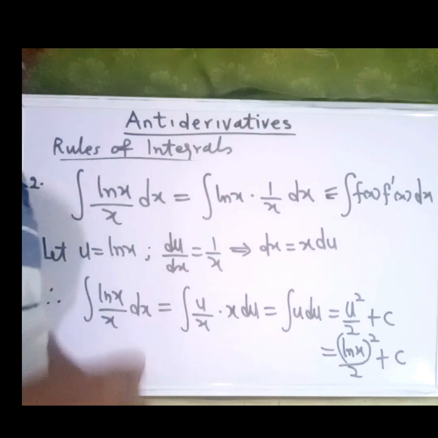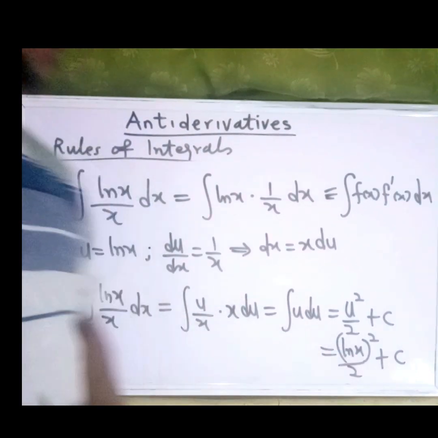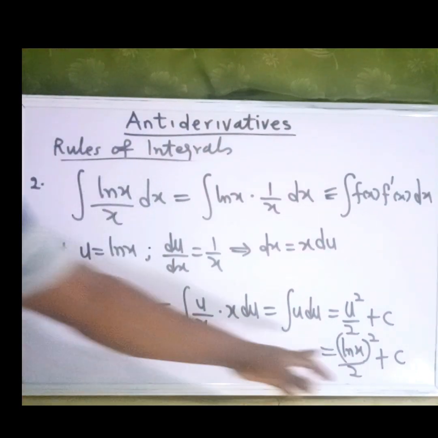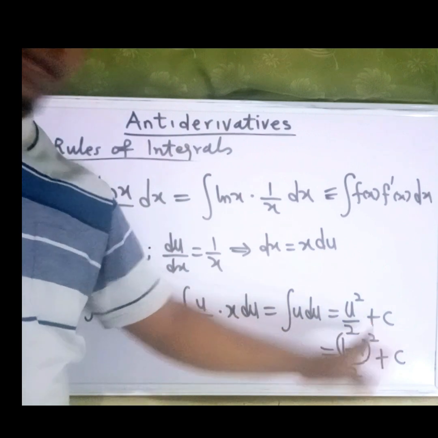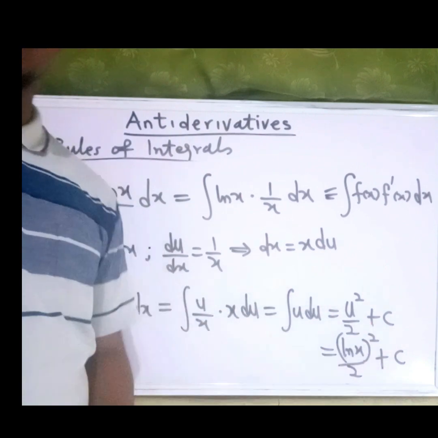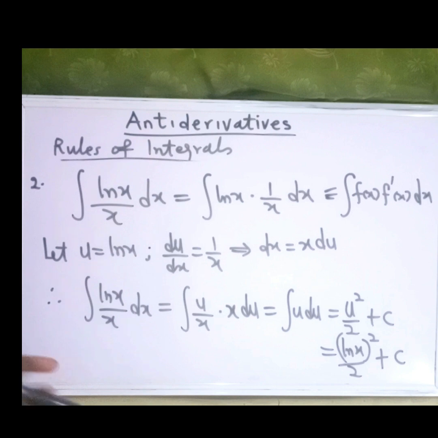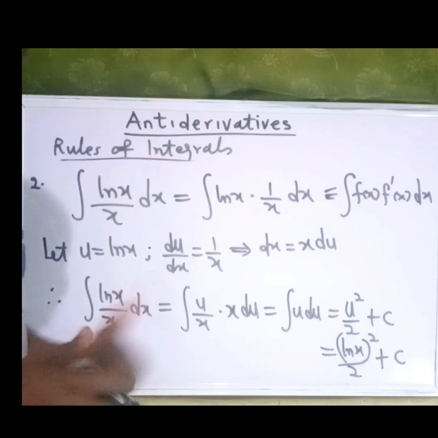We'll now see that this ln x is our f of x, that is, f of x squared over 2 plus c. So this is how we use the integration by substitution. The one we have explained here is the first type. We have the second type of the integration by substitution, and this will be discussed in our next class.